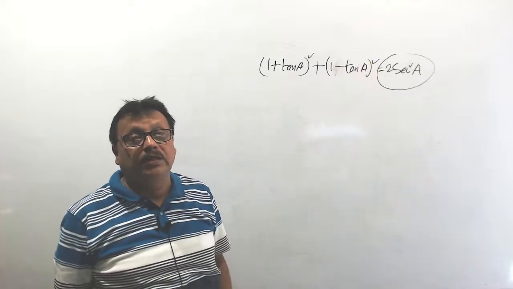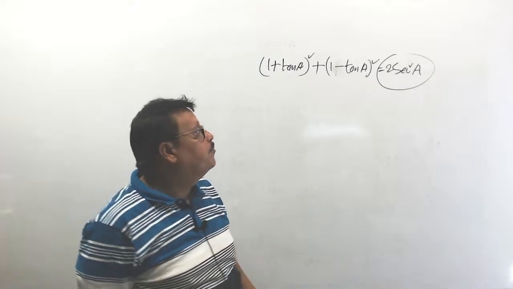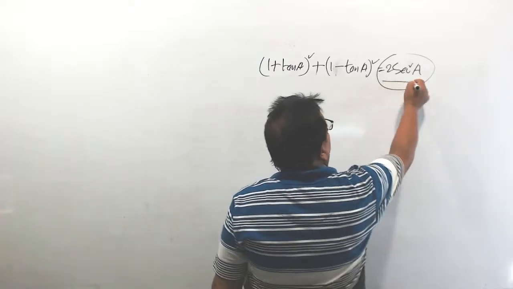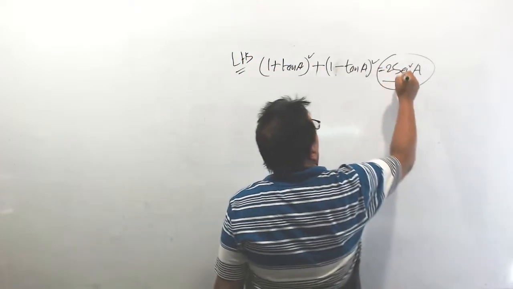You have to prove this identity by using the formulas. This is the left hand side and this is the right hand side.